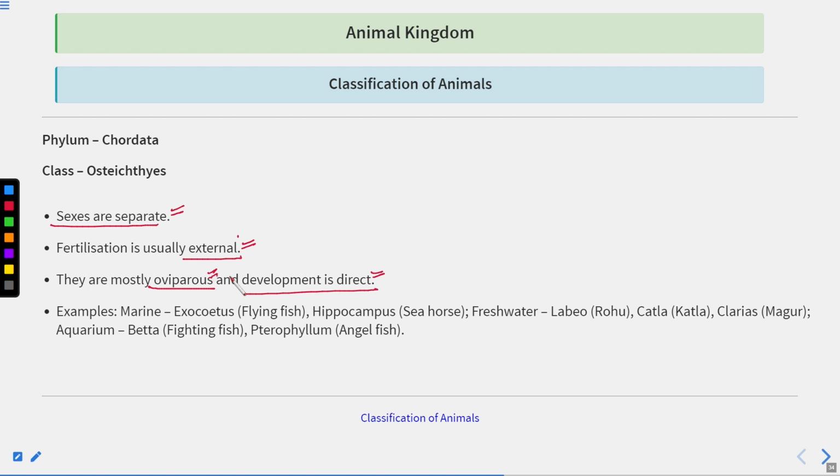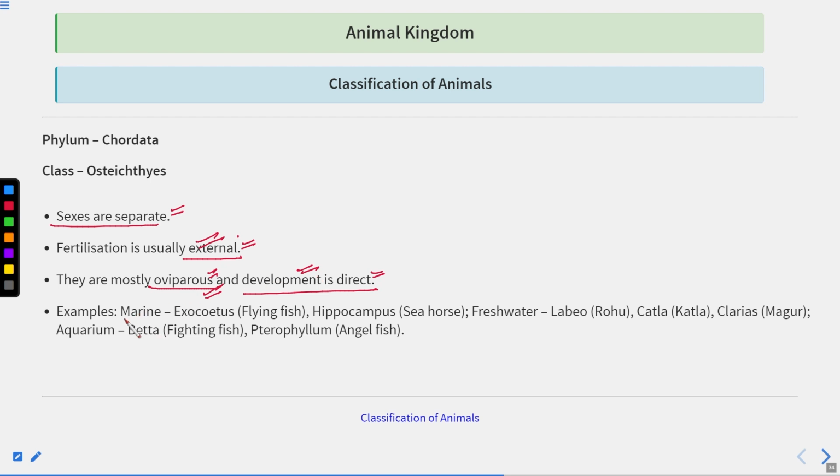Oviparous means they lay eggs outside the body, and that is why the fertilization is external, and the male individual releases the sperms over it, and the fertilization takes place. That is the oviparous. Development is direct, that is, no larval stages are found.